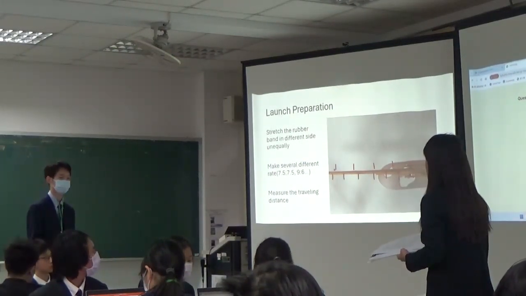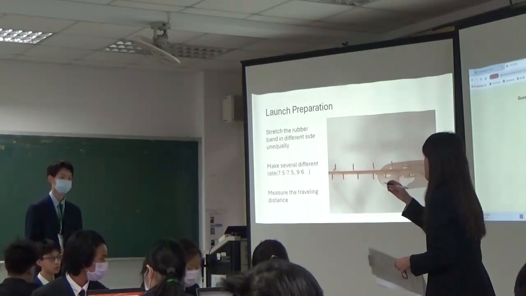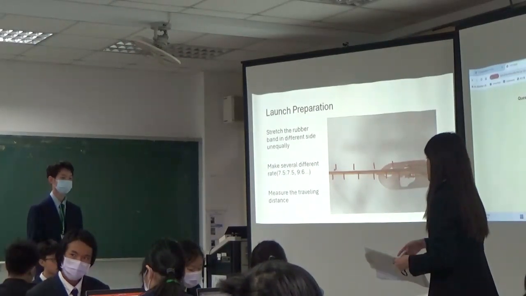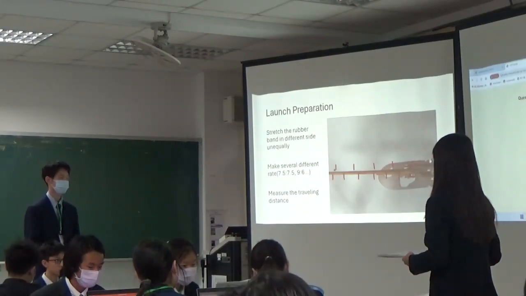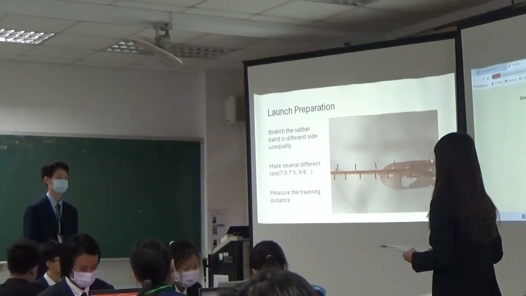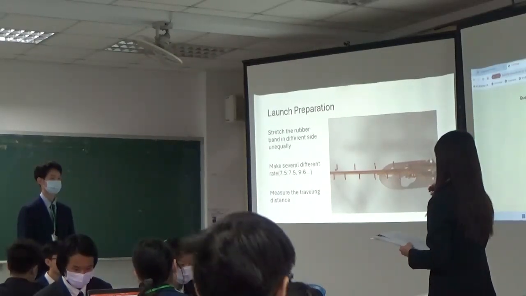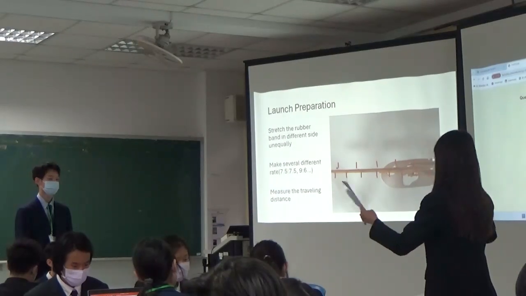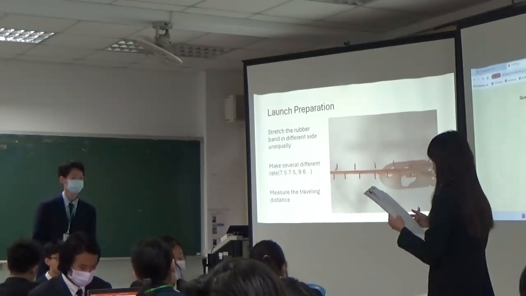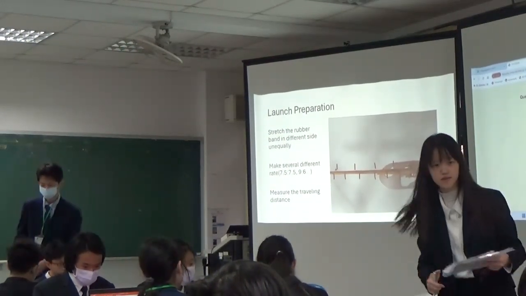Which variable do you mean? Did you have the formula or equation that you thought, oh, I need to use this variable? Oh, it's only the stretch force and the rate. So you only think of Hooke's law and you change the variable of how long you stretch? Yes. Okay, that's it. Thank you.